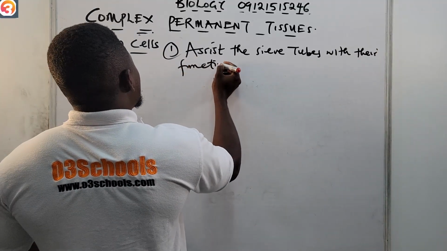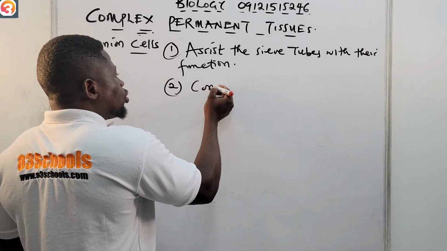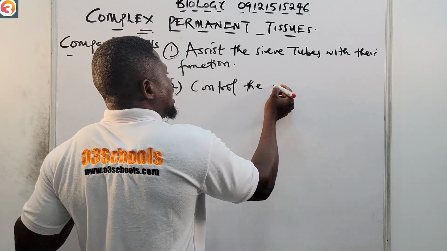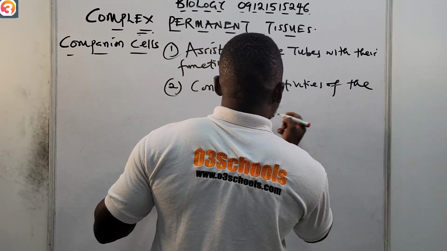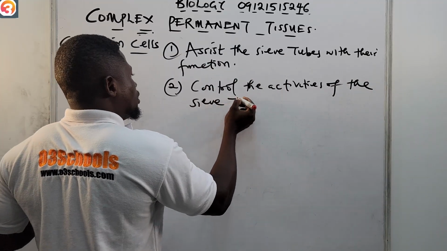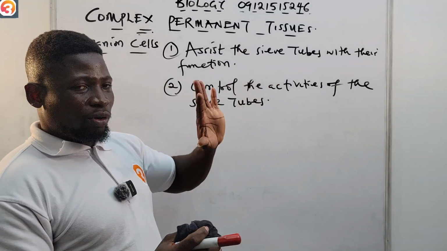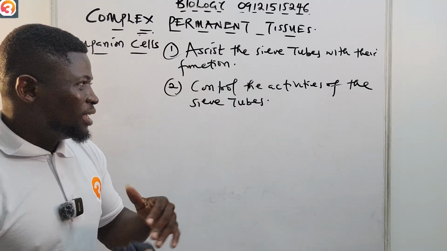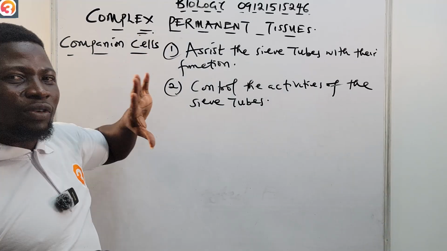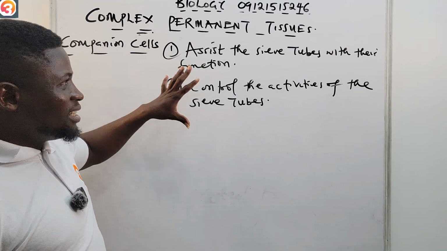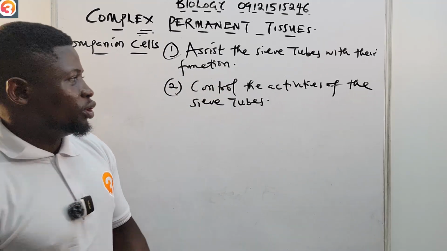Number one is to assist the sieve tubes with their function. Number two is to control the activities of the sieve tubes. These are the functions of the companion cell.